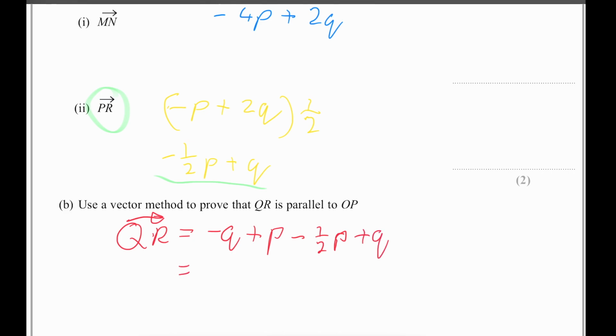Cleaning this up, negative q plus q, those two just cancel, and then p minus a half p is just 1/2 p.